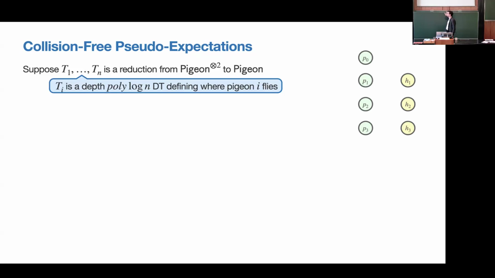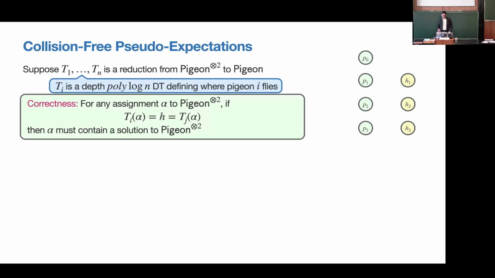I'm not going to look at decision trees mapping solutions back. It'll just make things a little bit easier. And we have the following correctness property for our reduction: if we have an input for the pigeon squared problem, then these decision trees define a new input for the pigeon problem, such that if there's a collision in the pigeon problem, something like this, then this has to be a solution for the pigeon squared.